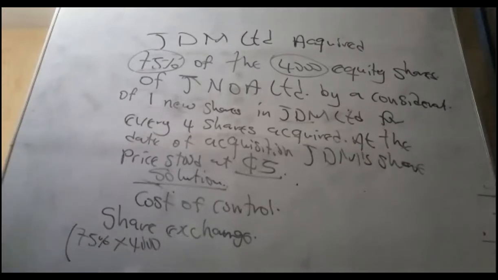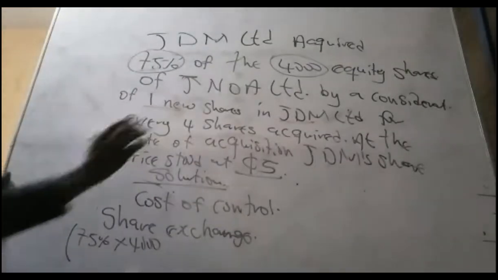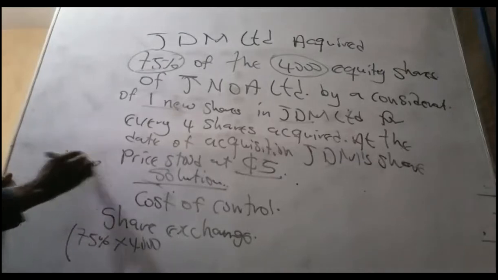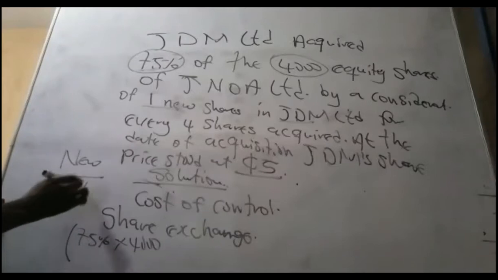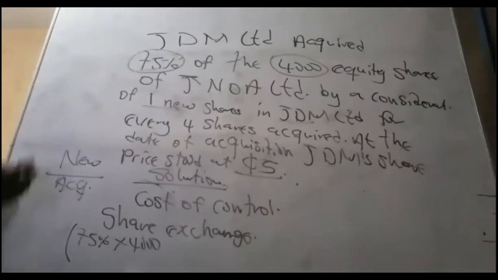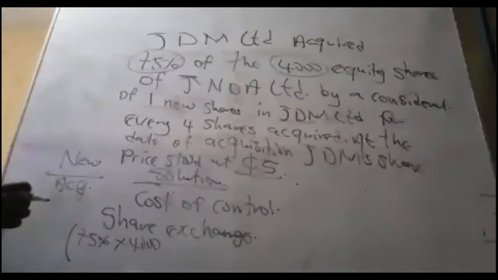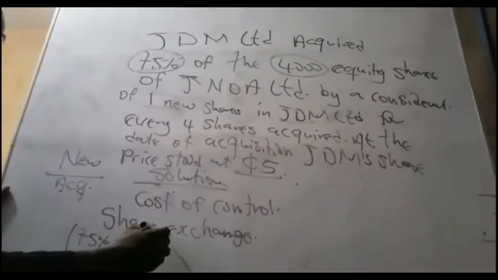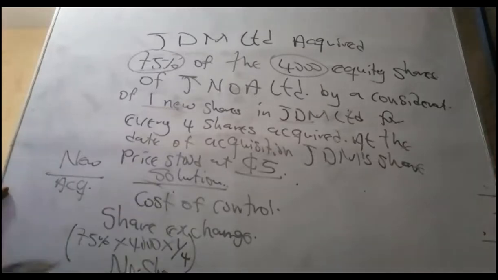Then times the ratio. Always get a ratio. Get the new one on top and the existing shares acquired down. So new shares in the parent over the shares acquired from the subsidiary, that's 1 out of 4. This will give us the number of shares. Times the share price.